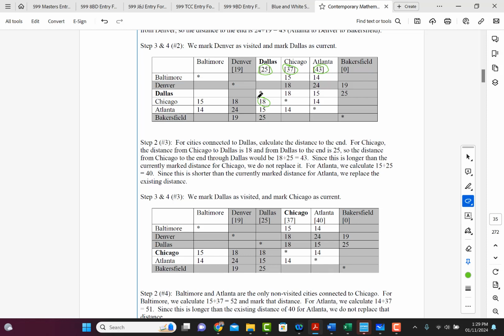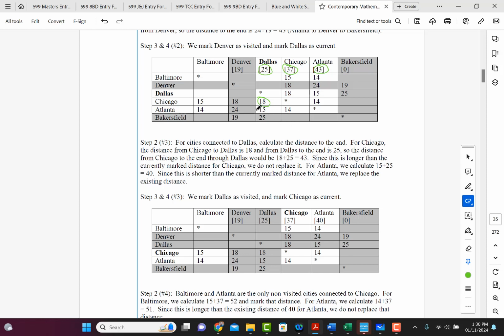And Dallas is 25 hours from the end. So that adds up to 43. Well, 43 is bigger than 37, so we're not going to replace that.